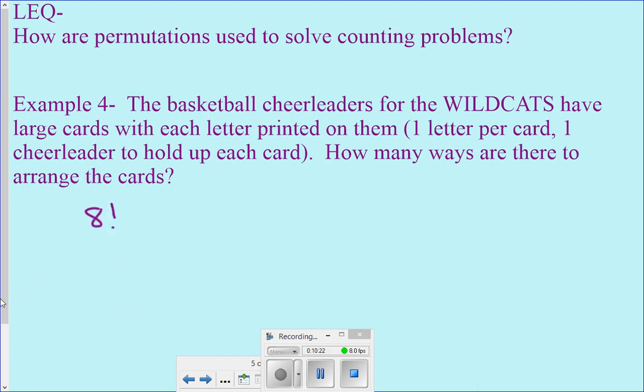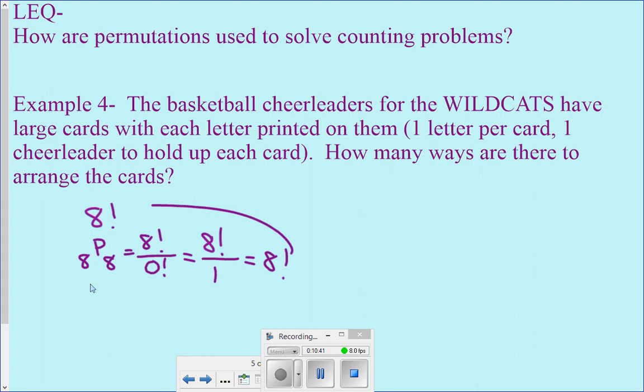Or you could use the permutation formula. There's 8, and we're choosing and arranging 8. So 8P8 is 8 factorial divided by 8 minus 8, which is 0 factorial. And I told you yesterday that 0 factorial equals 1. So 8 factorial over 1 is just 8 factorial. Either way, we're getting 8 factorial.